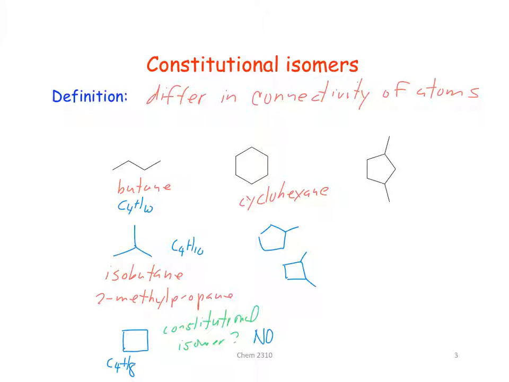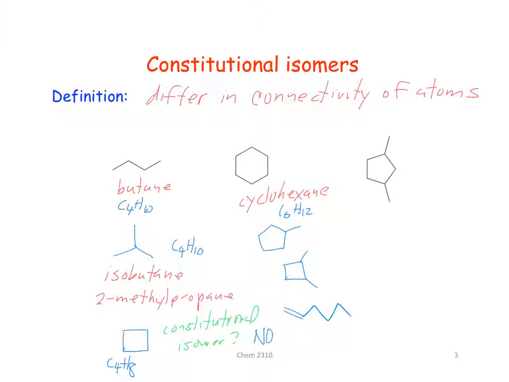Remember that the formula of cyclohexane is C6H12, and so this has 1 unsaturation. It has 2 hydrogens less than the maximum that 6 carbons could have. Another way to make this unsaturation is to put a double bond: 1, 2, 3, 4, 5, 6.